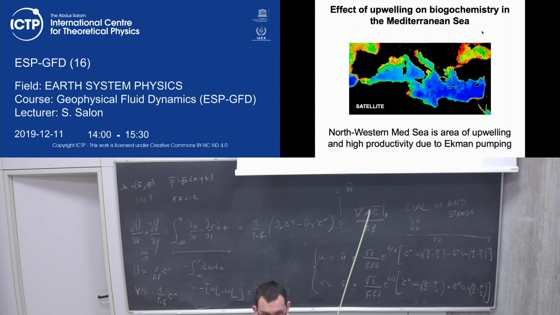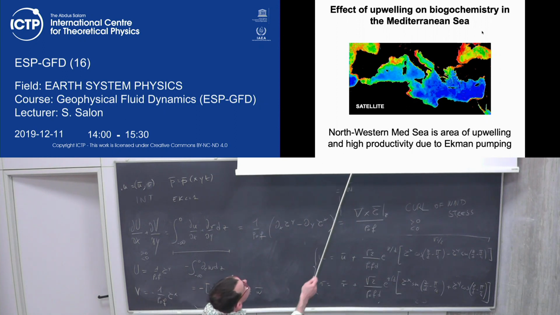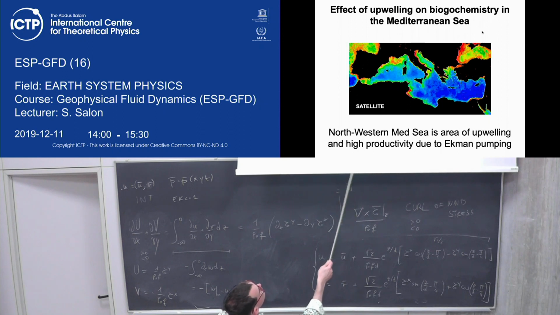It's because chlorophyll reacts and has a visible reaction to the light. So it emits in the visible spectrum. So if it is blue, it means low chlorophyll. If it is red, yellow, it means high chlorophyll.